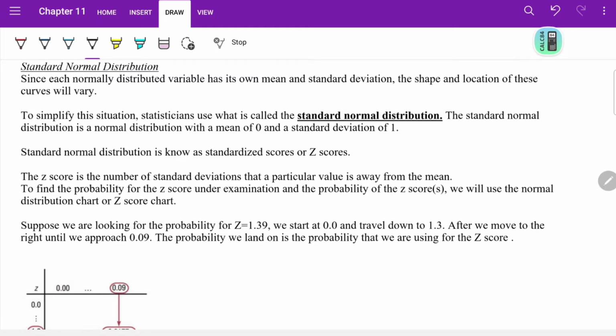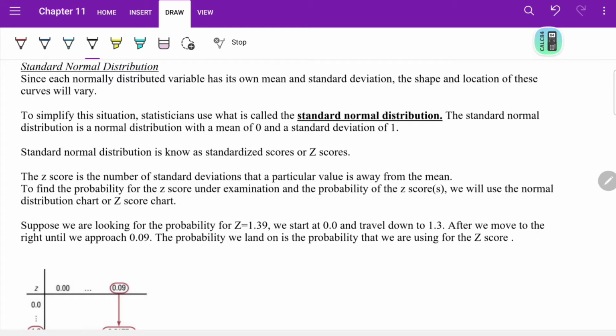Therefore, sometimes it will be complicated when it comes to finding the percentages and probabilities for a variable. To simplify the process, statisticians use what is called a standard normal distribution. It is a standardized value used to find the probability and percentage of a category.